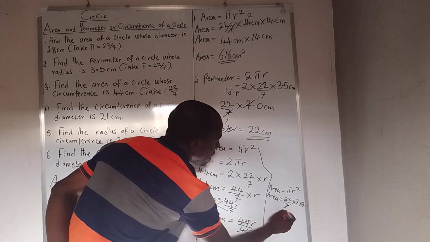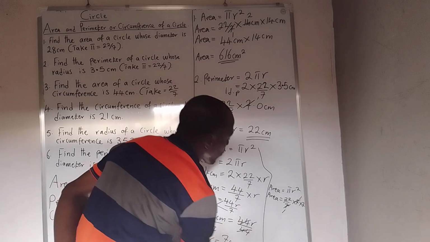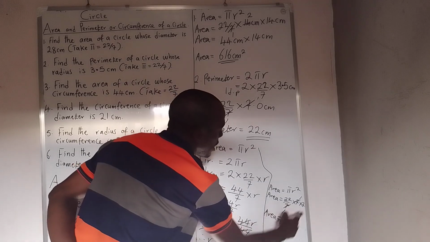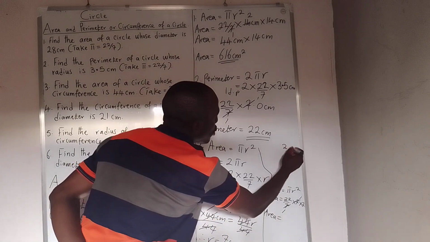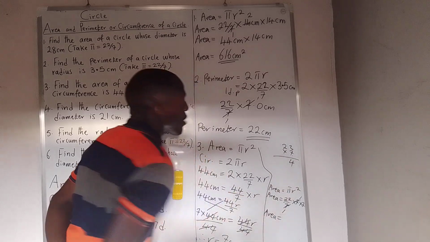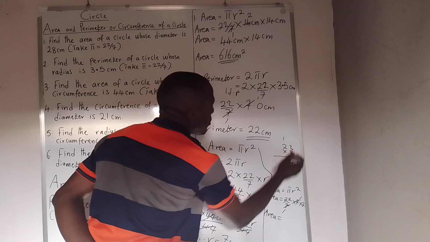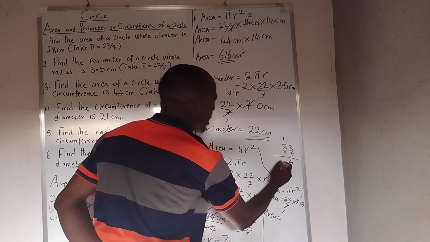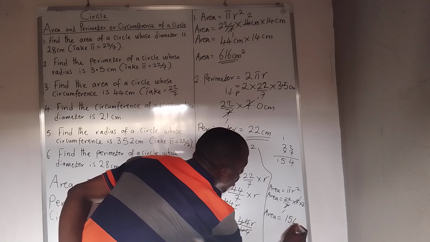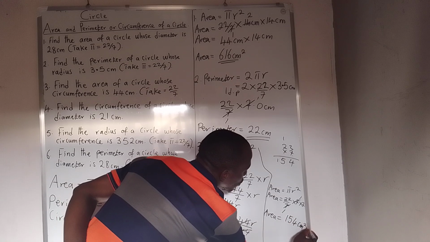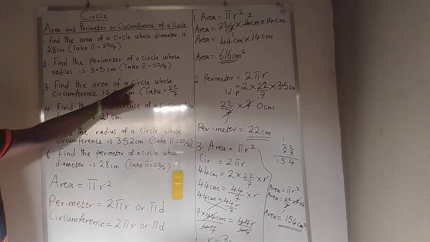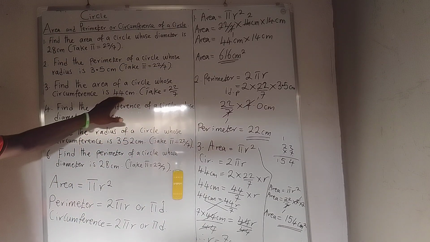So 7 over 1, 7 over 1. So we have area equals 22 times 7. 7 times 2 is 14, write 4, carry 1. 7 times 2 is 14 plus 1 is 15. So we have 154 centimeter square. This is our answer for calculating the area of a circle whose circumference is 44 centimeter.